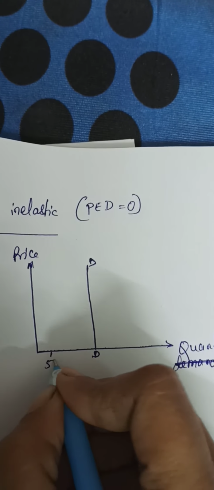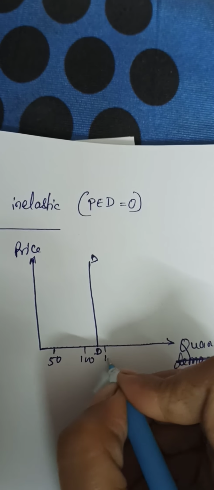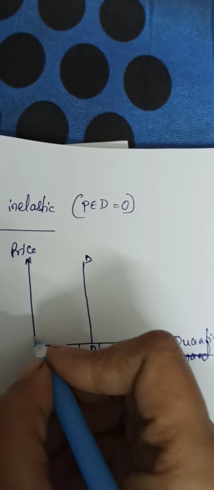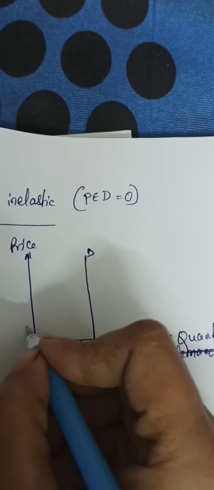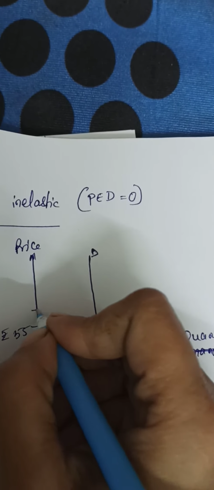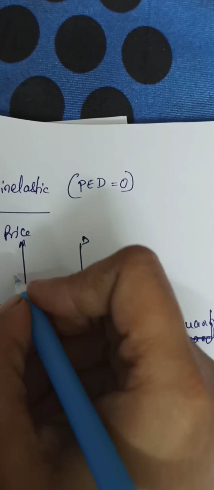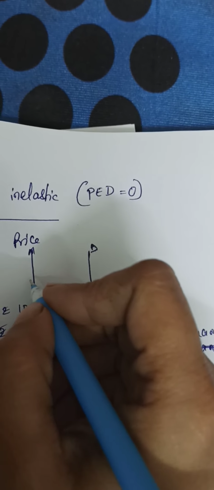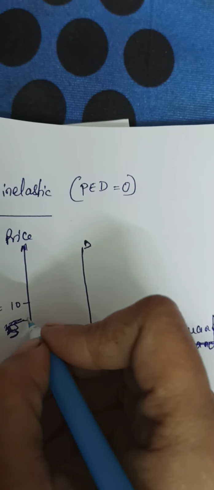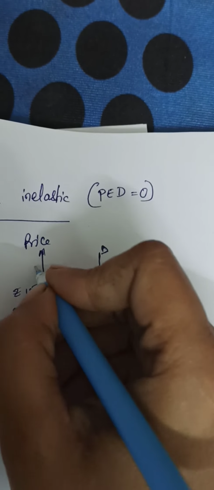When the quantities are 50, 100, 150, 200 and so on, the price is 5, 10, 15, 20. You have to start from the lower, 5, 10, 15, 20.